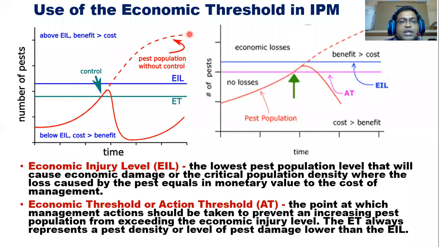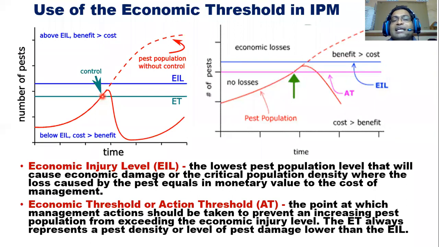So there are two points here. One point is when the pest increases its population up to this point, it will not cause any economic damage. Economic damage means we are expecting 5% damage of the total production and above. Up to this level, the pest population will not cause 5% damage.